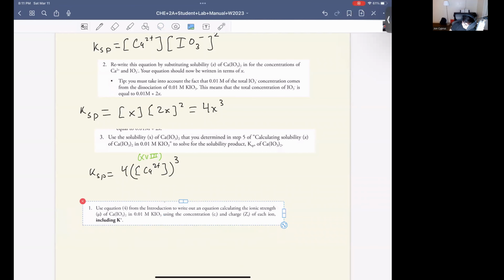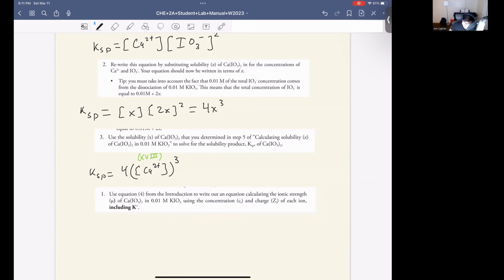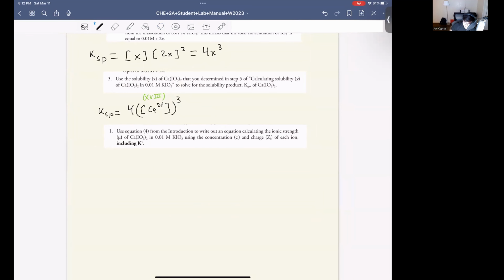It's going to be the same as we did last time, except we are including the K, right? Because we have an extra ion here. So mu, we said, was equal to 1/2 times the sum of all the concentrations times all their charges squared. Right.